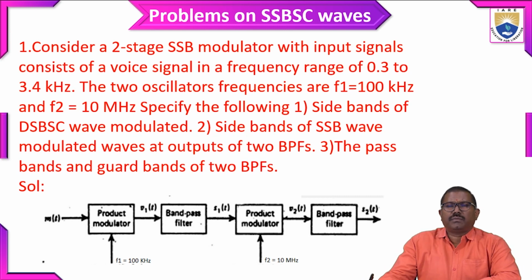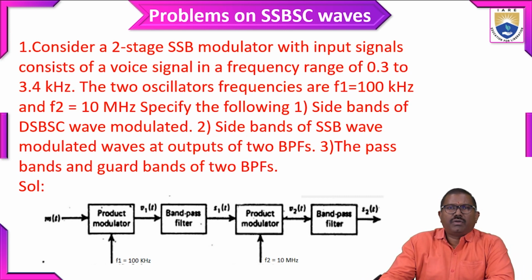So this is the first problem. Consider a two-stage SSB modulator with an input signal consisting of a voice signal in a frequency range of 0.3 to 3.4 kHz. The two oscillator frequencies are F1 100 kHz and F2 10 MHz.